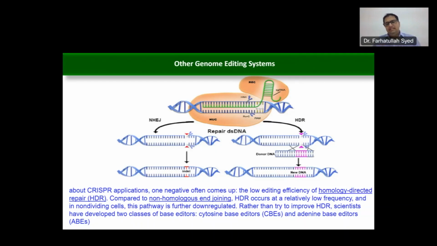So rather than trying to improve the HDR technology, scientists have developed two classes of other editors, base editors: the cytosine base editor and the adenine base editor.